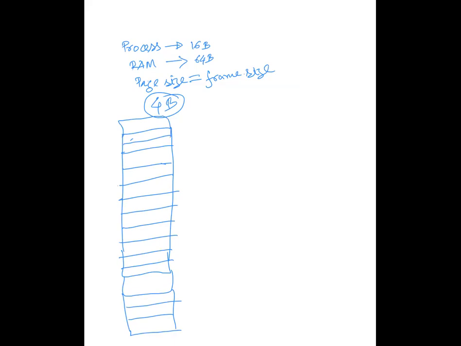Total 16 frames, all the same, all of size 4 bytes. It starts from physical address 0, 1, 2, 3 till 15. So this is your RAM configuration for 64-byte RAM if the frame size is 4 bytes.